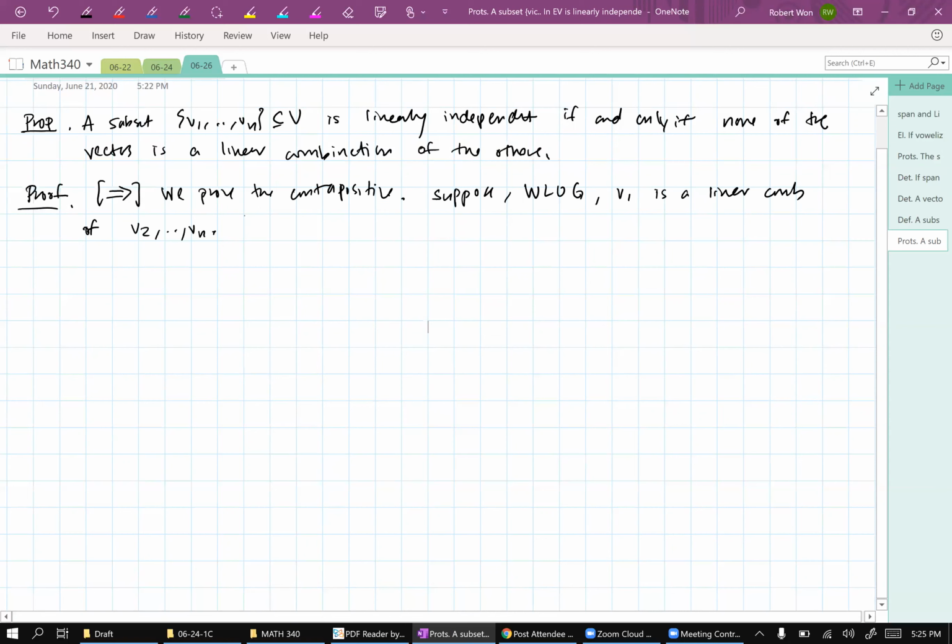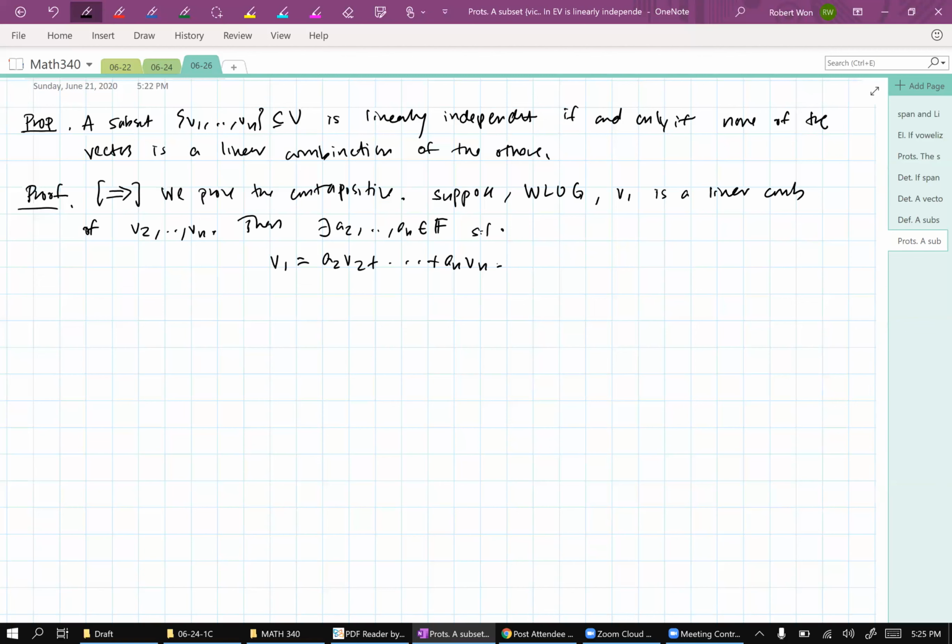Well, what does that mean? That means there exist scalars a2 up through an in F such that V1 equals a2 V2 plus ... plus an Vn. Now I'm looking to show that the set V1 through Vn is linearly dependent. So I'm looking for a non-trivial linear combination of the vectors which equals 0. How can I do that? Well, I could just subtract the left side from both sides.